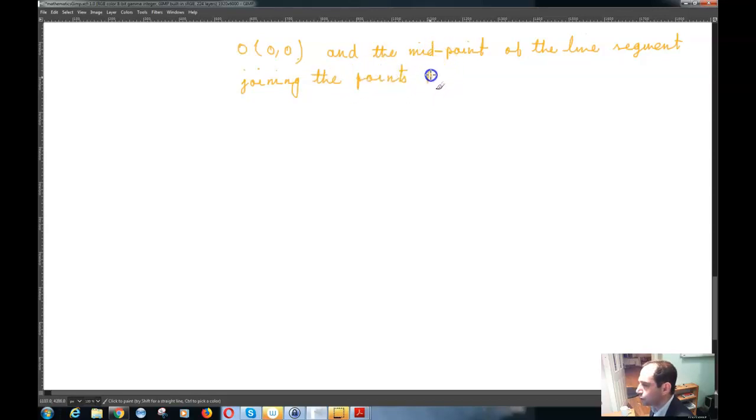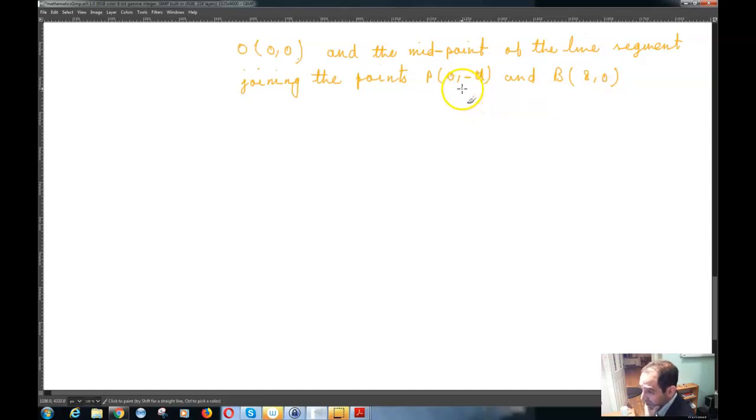So origin is O (0, 0), and the midpoint of the line segment joining the points P (0, negative 4) and B (8, 0).